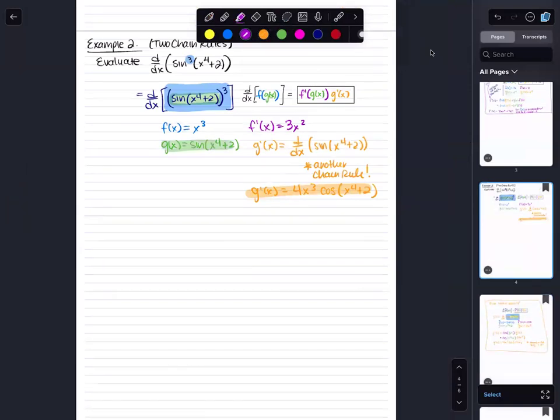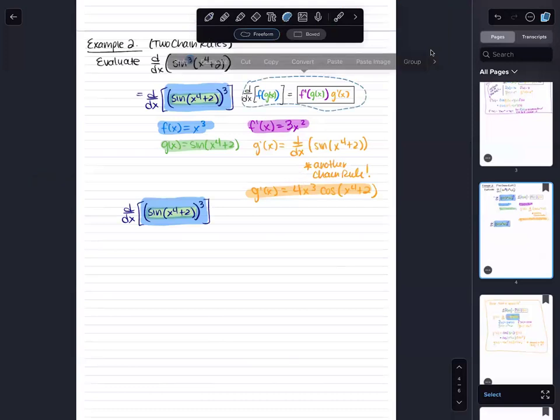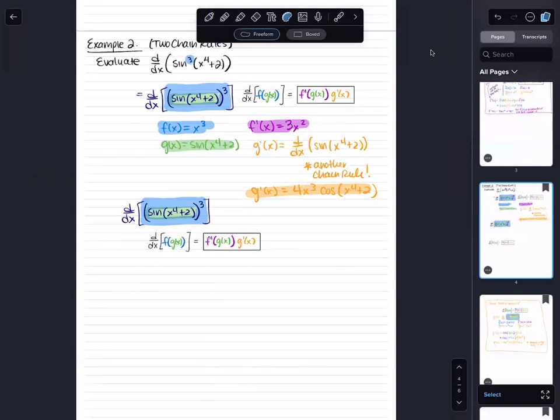Now watch carefully here. d/dx of sine of x to the fourth plus 2, quantity cubed, is going to equal the chain rule expression using what we just found above, with no hats.